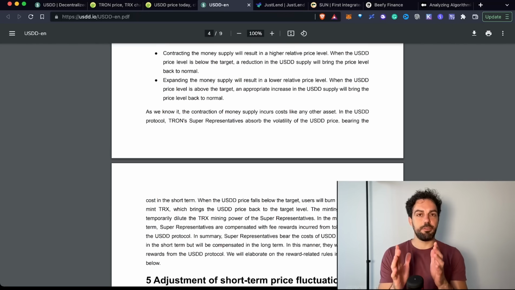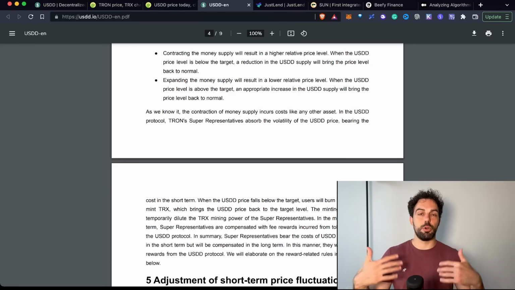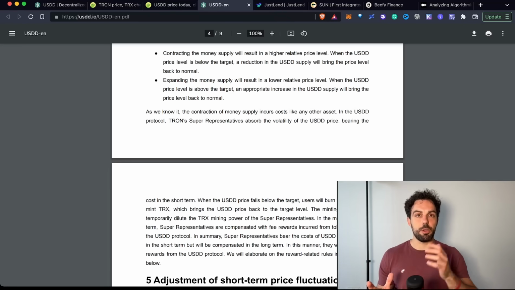Remember, there is a big difference between sustaining the peg and collateralizing the crypto. Collateralizing simply means that for each dollar that you are issuing, you have $1 backing that dollar. On the other side, if it is over-collateralized, like for example DAI or MIM, you have more than $1.